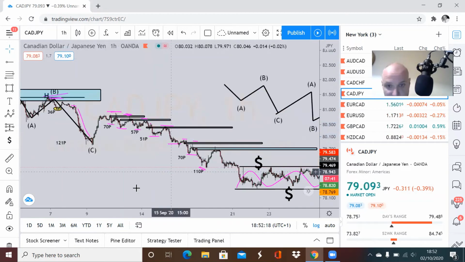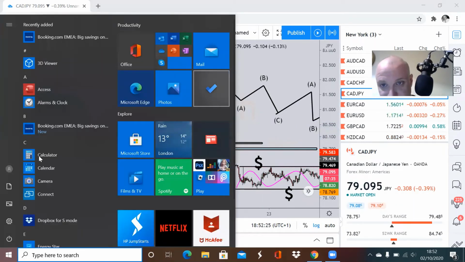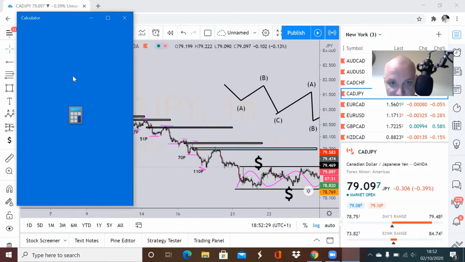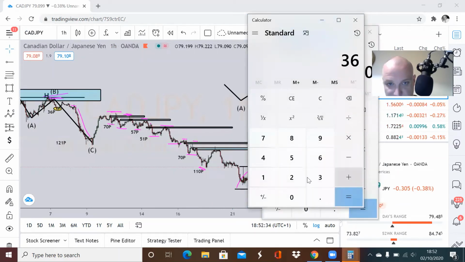So what we'll do is, if we have a quick look on this, we just add these up. We'll just get the calculator out. 36 pips, 121, 70, 57, 51, 70 plus 110.